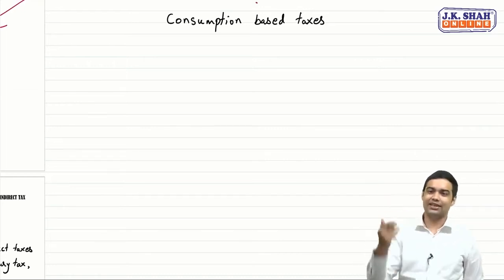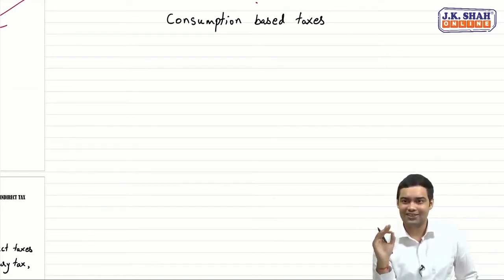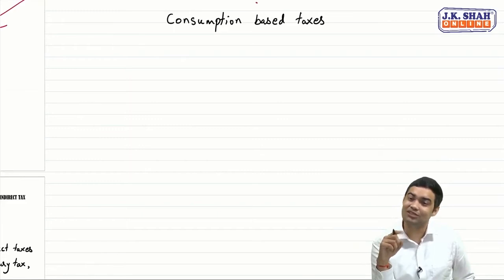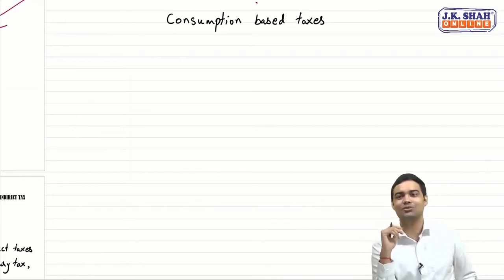Export. Where is the consumption? The product would be consumed in US. As the product is getting consumed in US, taxes will not be charged in India, because indirect taxes are consumption based taxes. Now in this case, tax will be charged by US, because most of the countries in the world follow consumption based principle when it comes to indirect taxes, and that's one of the most important aspects of indirect tax.